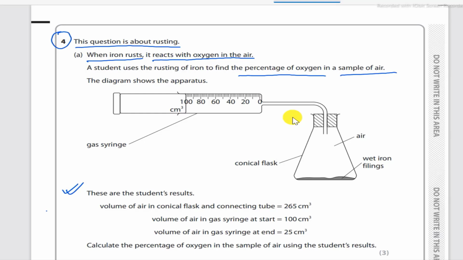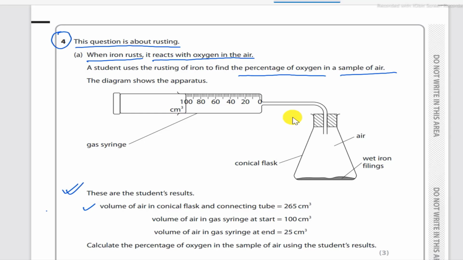Here is a gas syringe. Initially it has 100 centimeter cube air inside the gas syringe and a conical flask and wet iron filings. These are the student result.